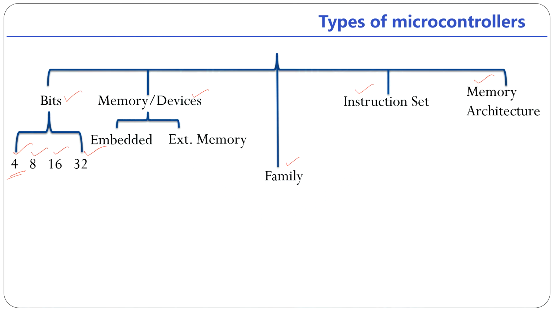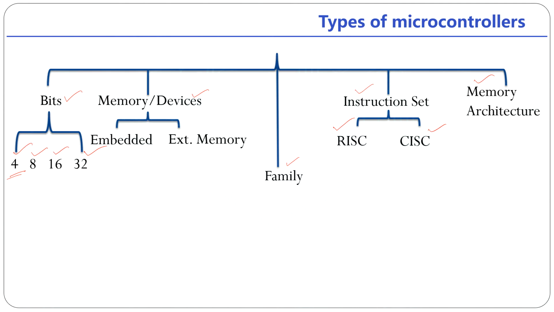Embedded microcontrollers have memory and IO devices available within the IC itself, whereas for external memory microcontrollers we need to connect them externally. That means the memory and IO devices should be connected externally in the case of extended memory microcontrollers. Based on the instruction set, they are classified into two categories: RISC and CISC architecture microcontrollers.